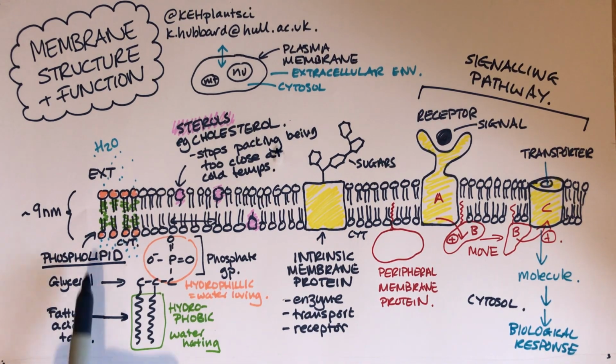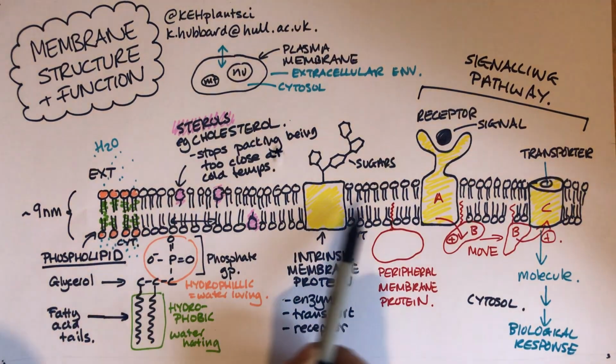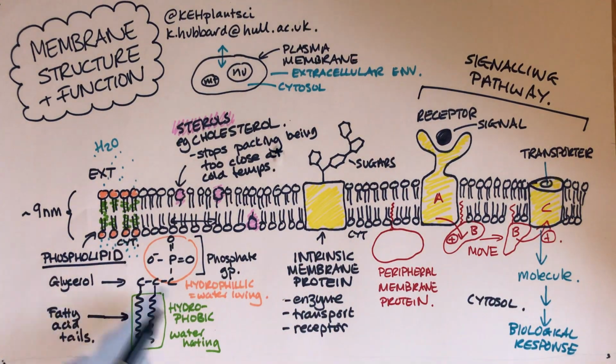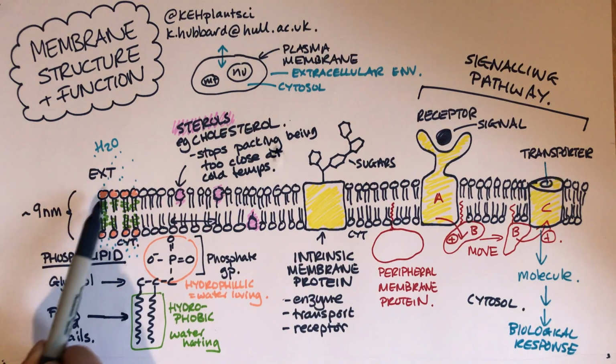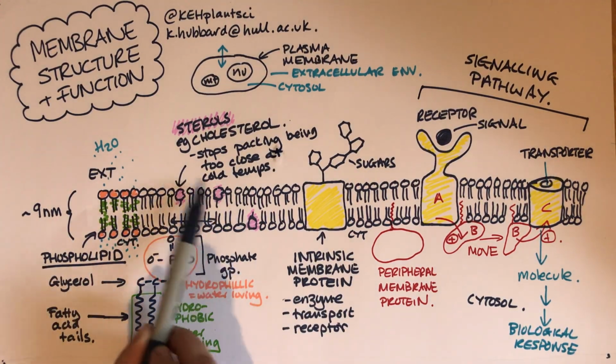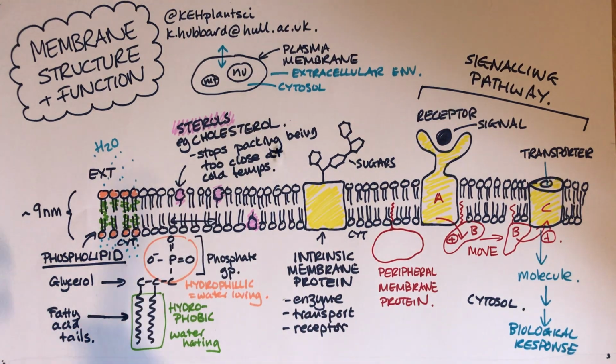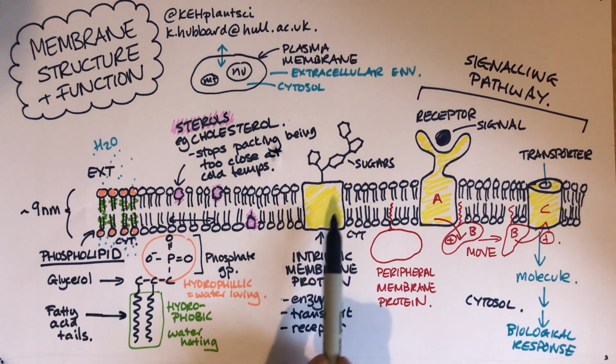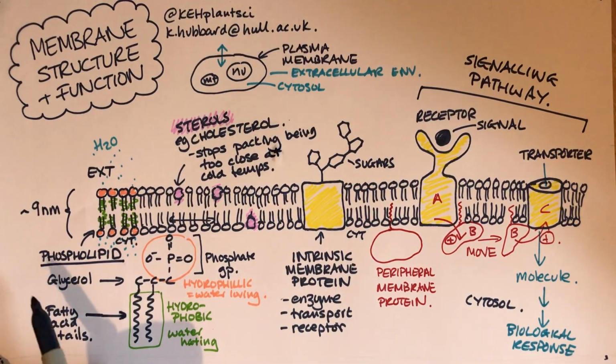So we've got phospholipids, all of these lipids here. They've got a hydrophobic and a hydrophilic side, which determines the overall structure. We've got sterols in the membrane that are there to make sure that it's got the right level of fluidity. And then we've got these intrinsic and peripheral membrane proteins that are stuck to the membrane, either very tightly or a little bit more loosely.